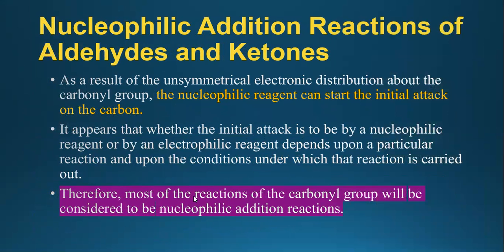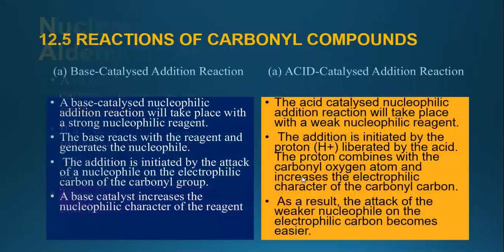The most important point is that the reaction of the carbonyl group is considered to be a nucleophilic addition reaction. This reaction takes place either by a base catalyzed addition or by an acid catalyzed addition.